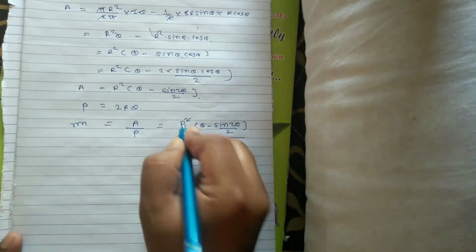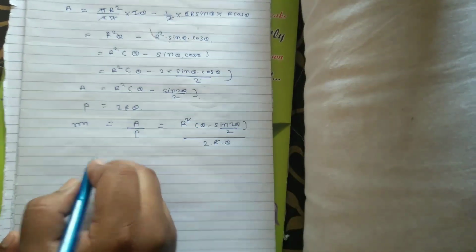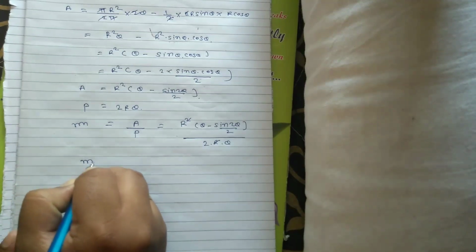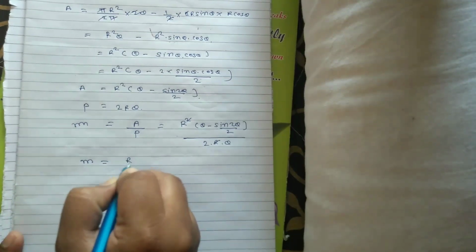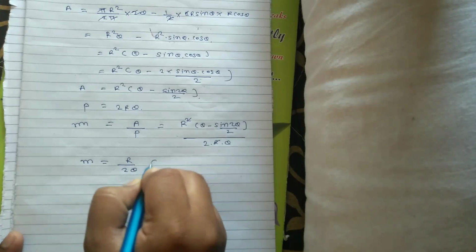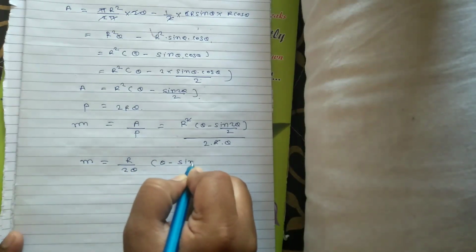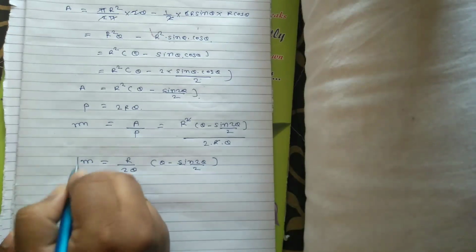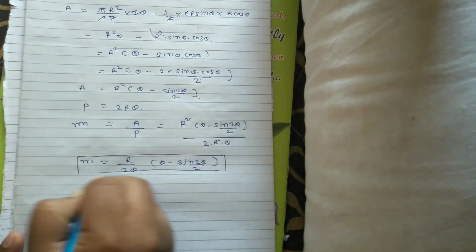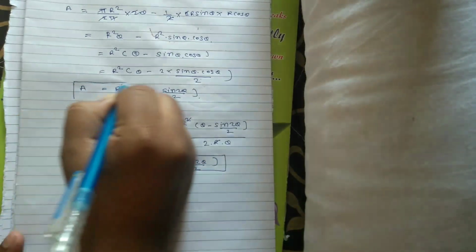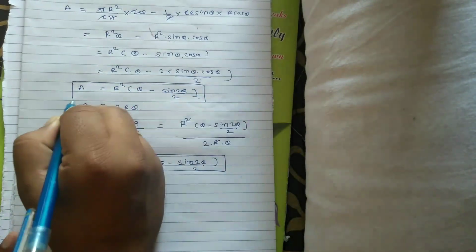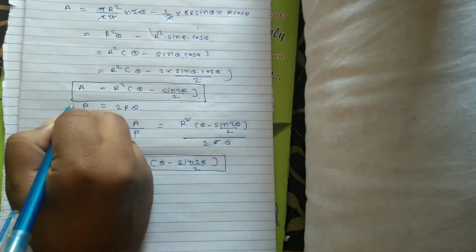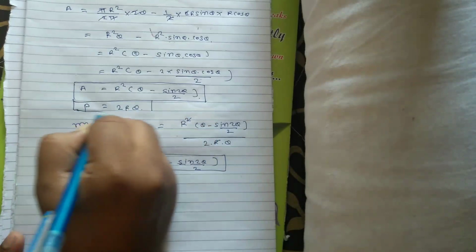So r and the square will cancel. The hydraulic mean depth is equal to r by 2 into theta minus sine 2 theta by 2. So this is your hydraulic mean depth.